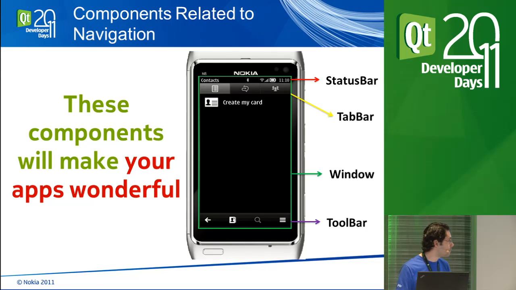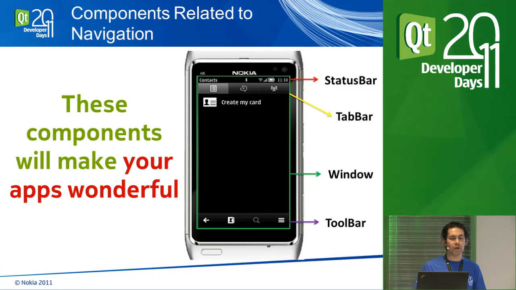For instance, here you see in the slide, marked in green, we have a window component. This component allows us to have a window with native UI. So it will match native UI, it doesn't matter where it is running. In this case, we will be talking specifically about Symbian and Meego UIs.